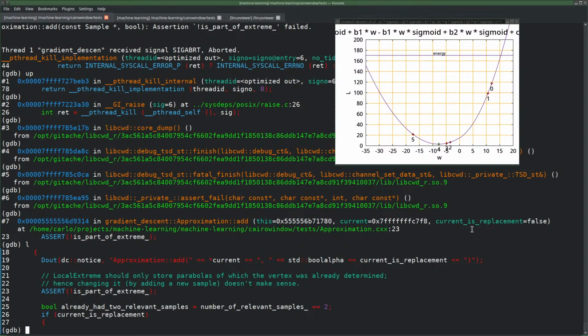So we are exploring to the left, but changing the parabolic approximation that is stored in this minimum here. And I want to adjust the scale of it, but I do not want to change the parabolic approximation itself. And I think that this function here is what I remember anyway, not changing the scale.